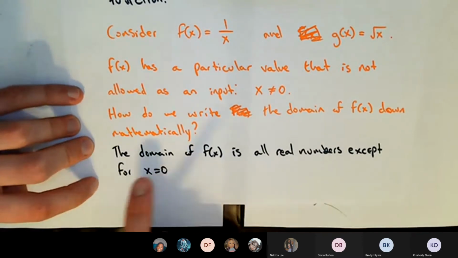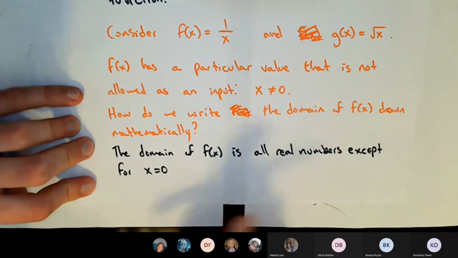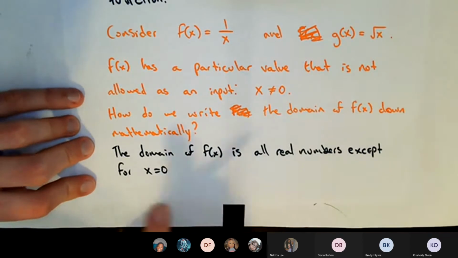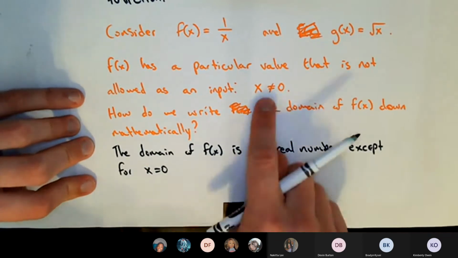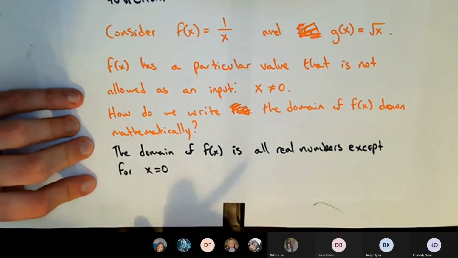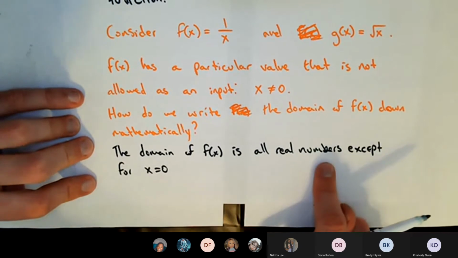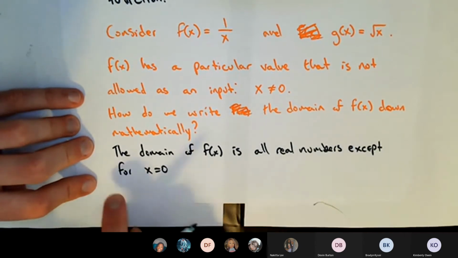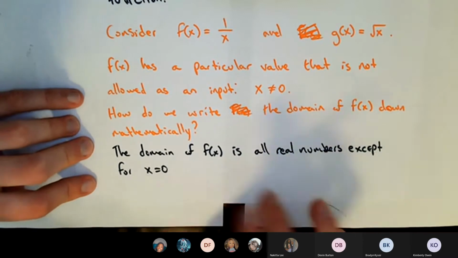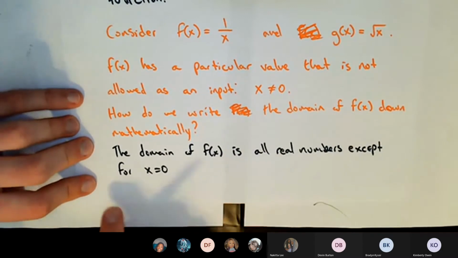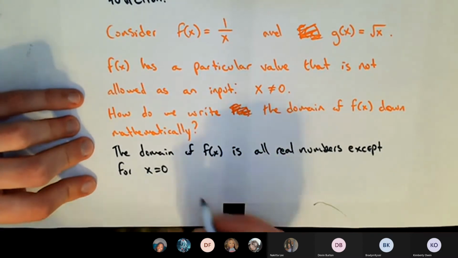Or I could say, except that x cannot be 0. That just depends on the grammar of your sentence, whether you say equal 0 or not equal 0. You could say all real numbers, but x cannot be 0. The way I grammatically set it up, I'm going to say all real numbers except for x equals 0.